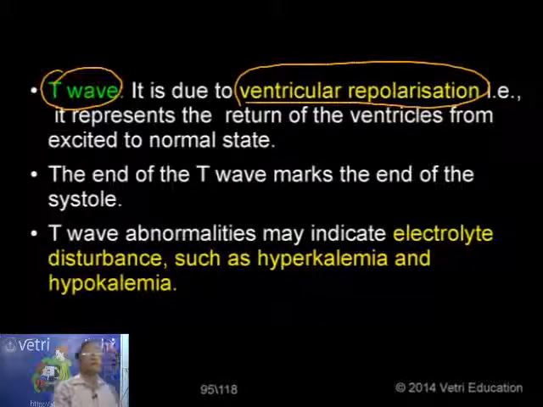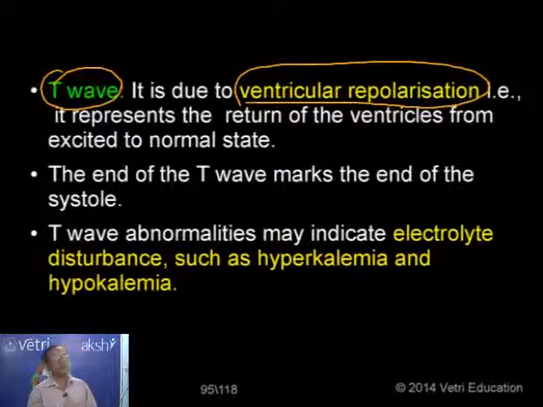So the P wave is because of atrial depolarization, the QRS complex because of ventricular depolarization, where the Q is because of interventricular septal depolarization, and this is the one for ventricular repolarization. That is, once again the heart is returning back to its normal state from its excited state. That is, the ions or the charges outside the membrane and inside the membrane are once again returning to normal.